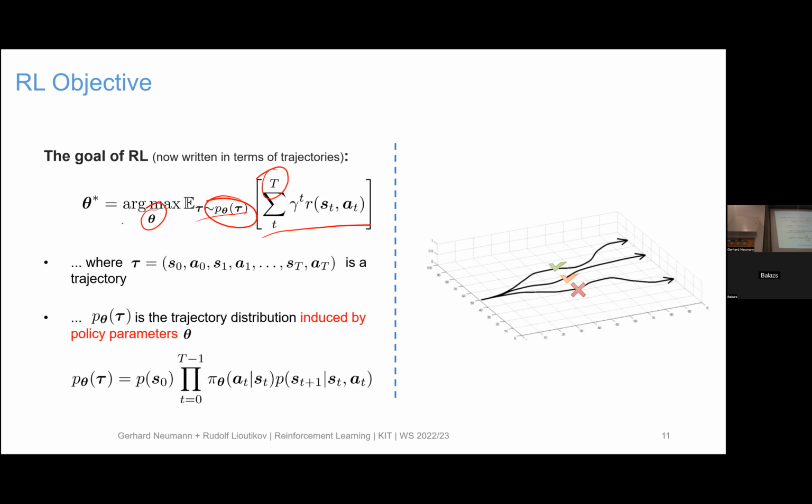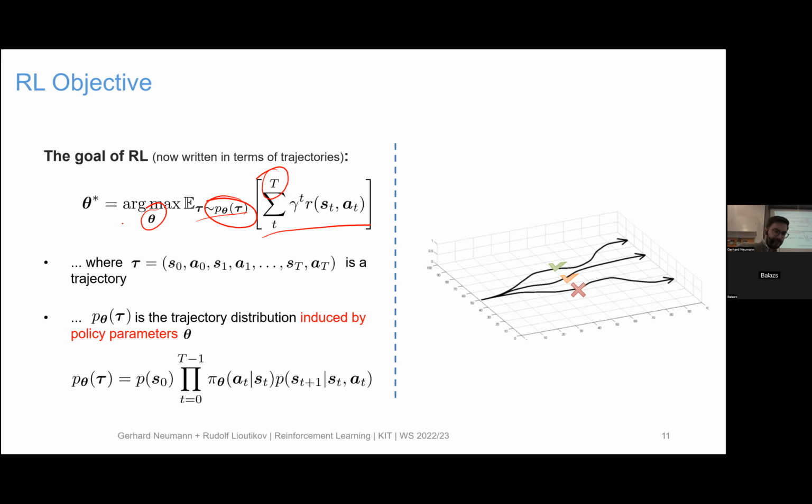Now it's theta, the parameters of the policy. Both are parameters of a neural network, but just to distinguish between policy and Q function. And I want to find the parameters of the policy, the theta, that maximize this return.